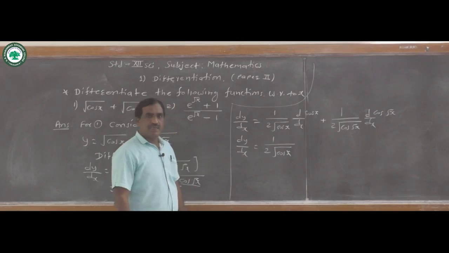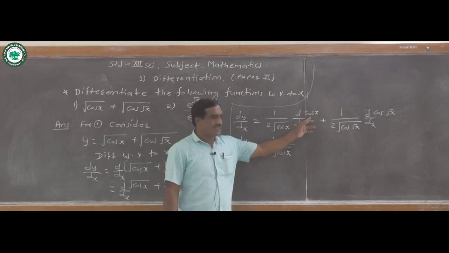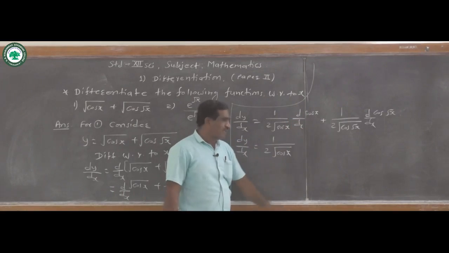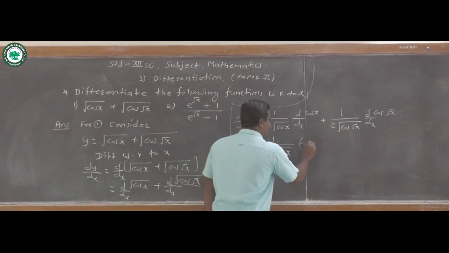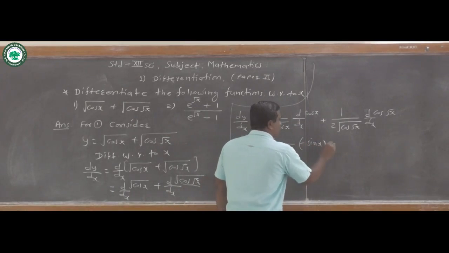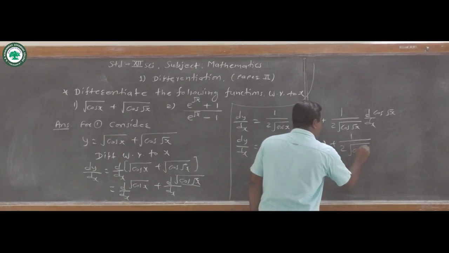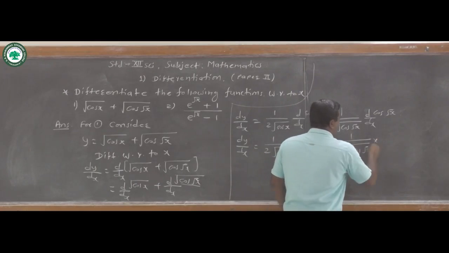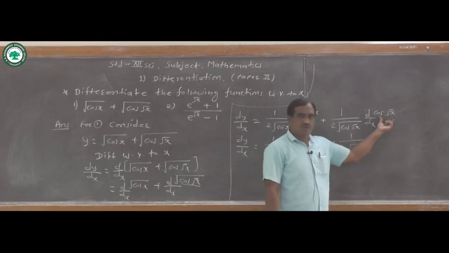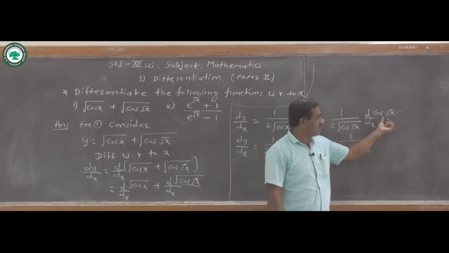That is dy by dx is equal to 1 upon 2 into under root cos x as it is into derivative of this function cos x. This is a simple function. Derivative of cos x is minus sin x, plus 1 upon 2 into under root cos of root x as it is into derivative of this term. Cos of root x is again a composite function.